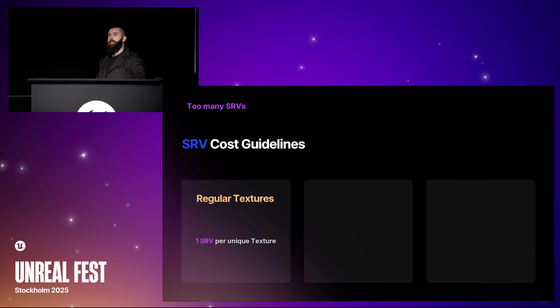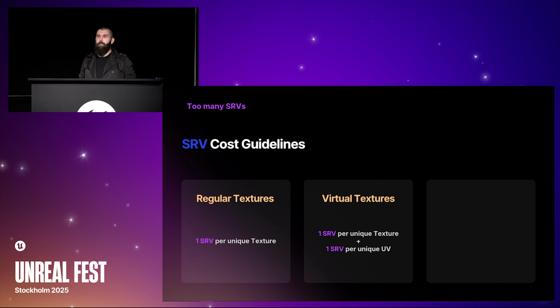As an example, imagine you have 1 texture that is being sampled 3 times with the same UVs, and a second case sampling 3 times but with different UVs. In both of those examples, you have 1 SRV created because you have 1 texture, no matter how many times you sample it or how many unique UVs you have.